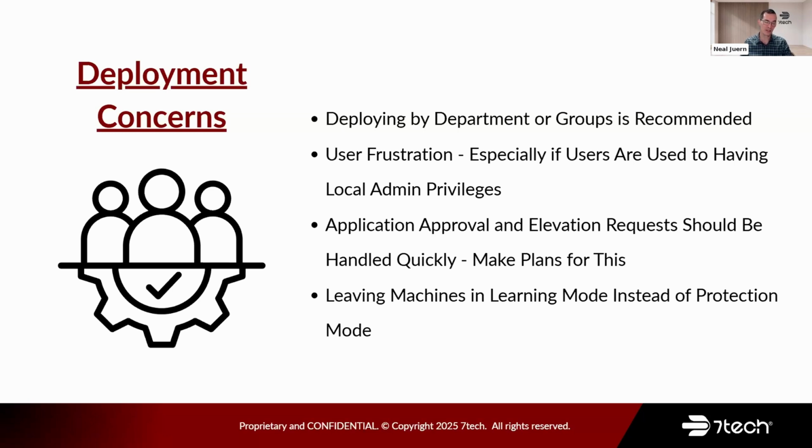That's dangerous because now you could be learning bad software as well. So we recommend making sure the environment's pretty clean to begin with. Do a 1 week learning period, something like that, or less, and then go into protection mode. From that, you can solve the problems that may come up, which usually aren't very many.